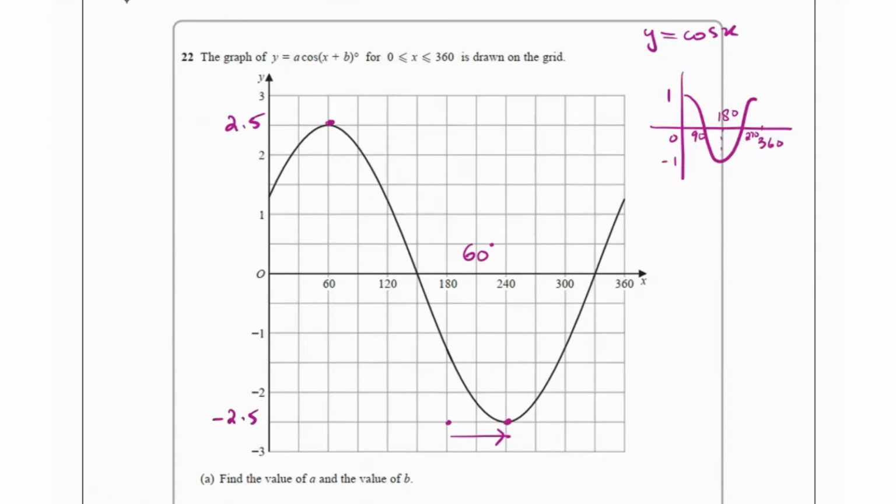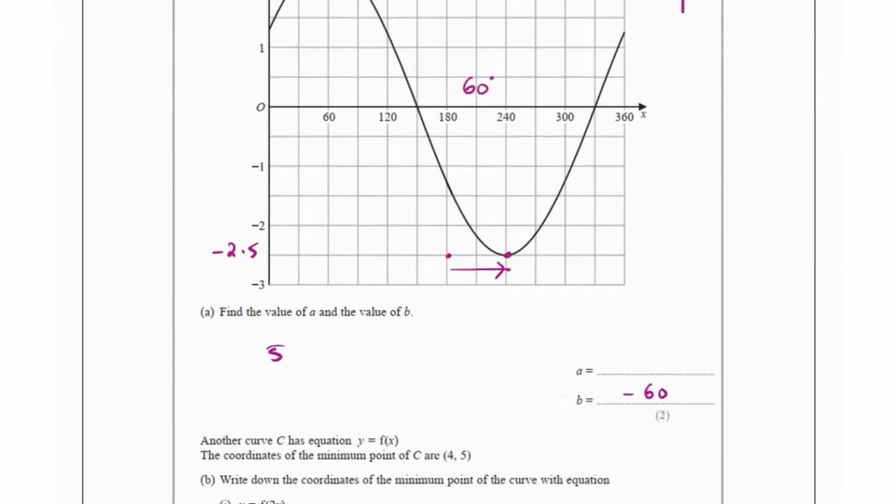So 2.5 plus 2.5 is 5. When you divide 5 by 2, that is 2.5, which means a is 2.5. Why? Because initially your maximum value is 1. Now the maximum value is 2.5, which means y has been multiplied by a scale factor of 2.5. Hence, a is that scale factor of 2.5, and b is your horizontal translation, which is -60.